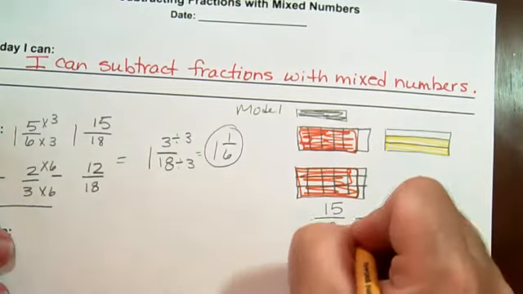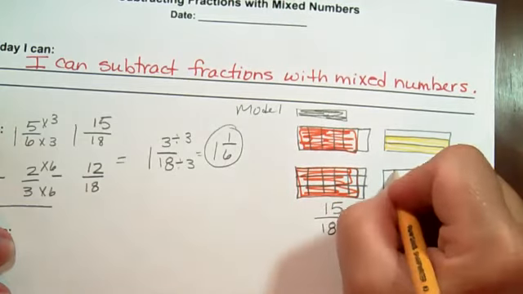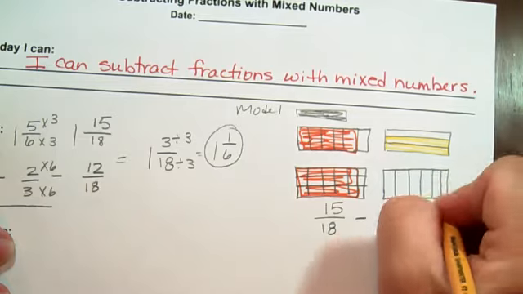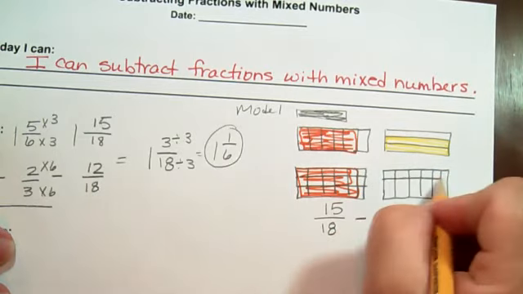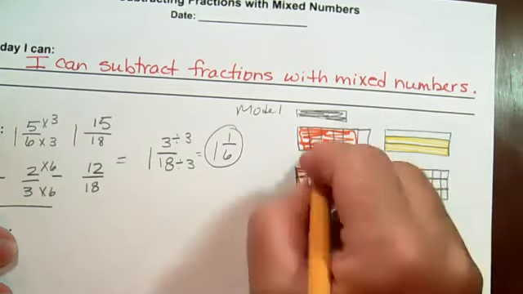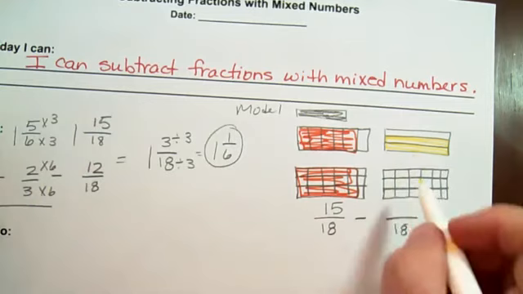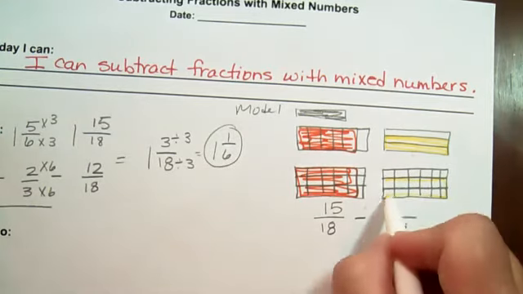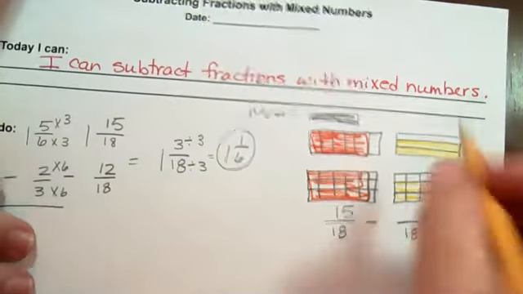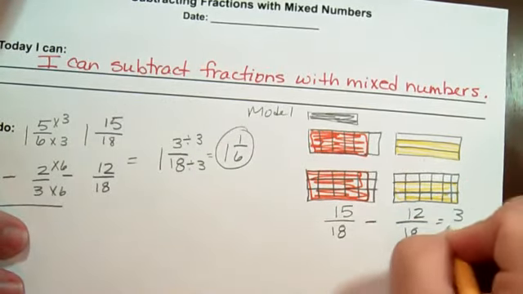Then we're going to take away, and we're going to draw a combination of them again. 1, 2, 3, 4, 5, 6, and then the 3. So we have 18 again, because all we did was combine the two boxes. And then if we color those two here, that is 12. 15 minus 12 is 3, and then 18.